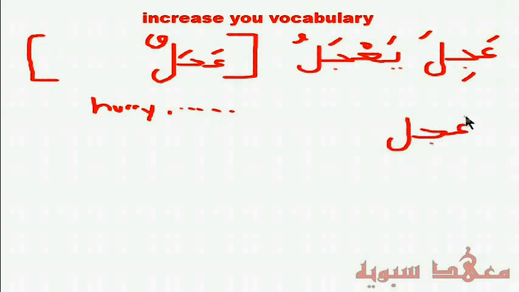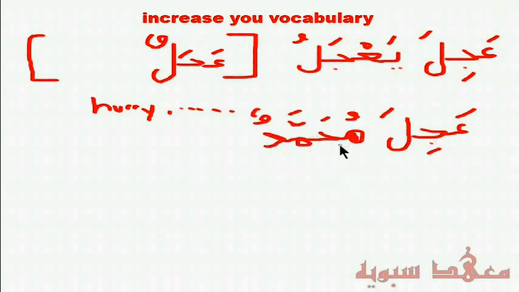So ajila, and then we have Muhammad. That would mean Muhammad hastened. Now if we add ila, and then we could put down the place where he hurried to, which is the masjid or the souq or wherever it is, the madrasa.